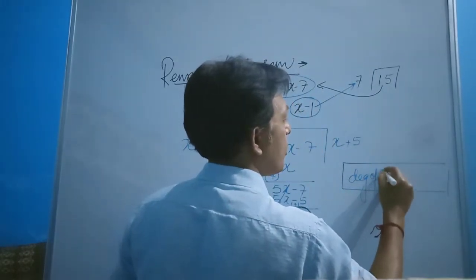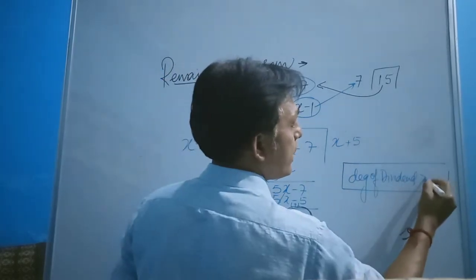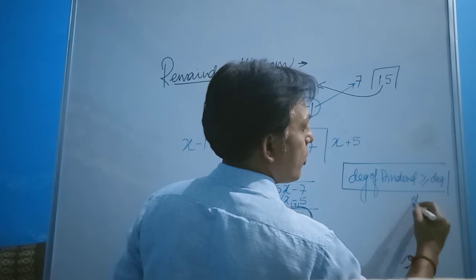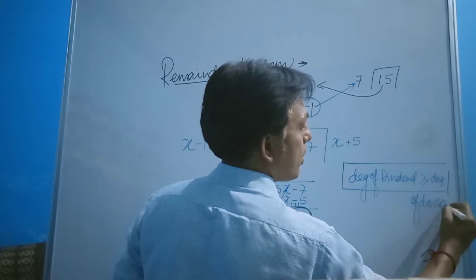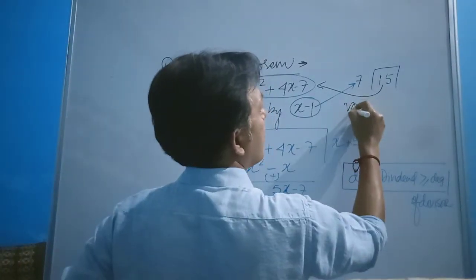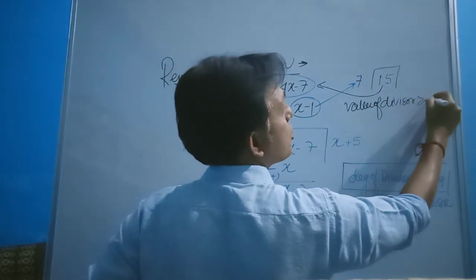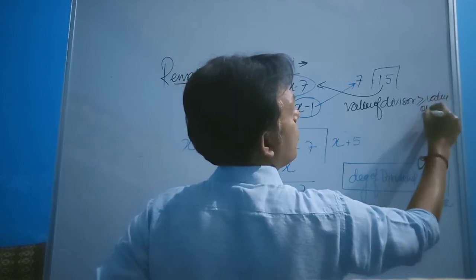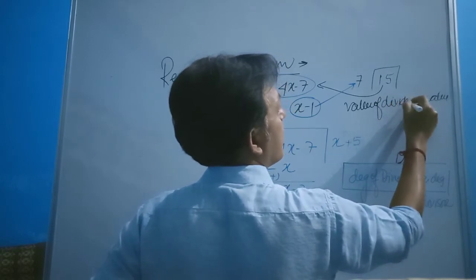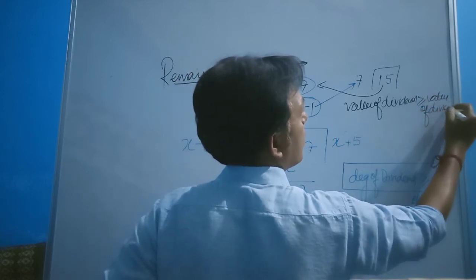So instead of going for the value that we don't have, this is the condition of division: degree of dividend should be greater than or equal to degree of divisor. Here the condition was that the value of dividend should be greater than or equal to the value of divisor.